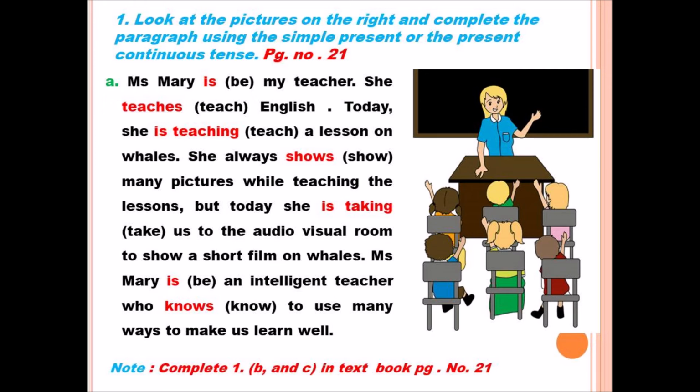So, we have used the present form of the verb and added s: knows, to use many ways to make us learn well. This is how we have to complete the remaining exercises. I have given A. We have completed it. Same as this, complete B and C in your textbook on page number 21.